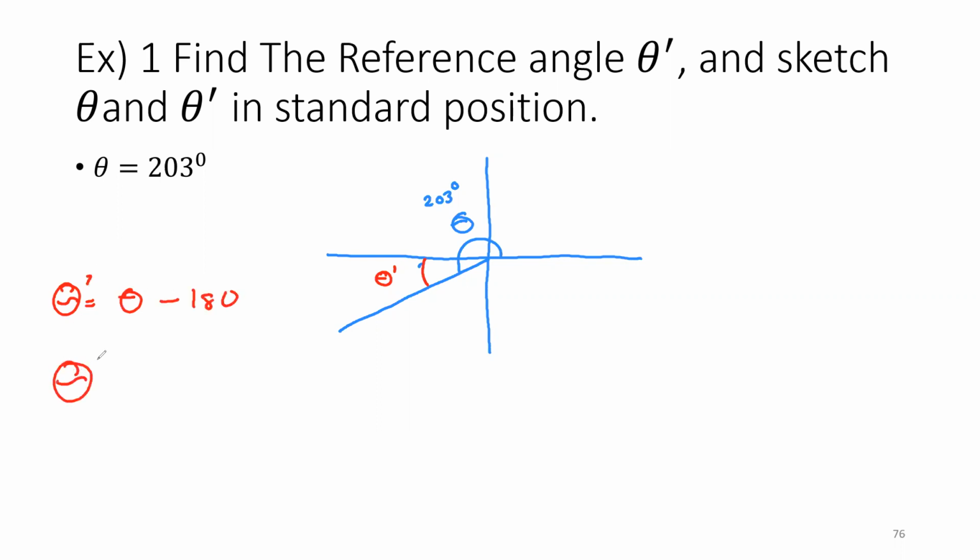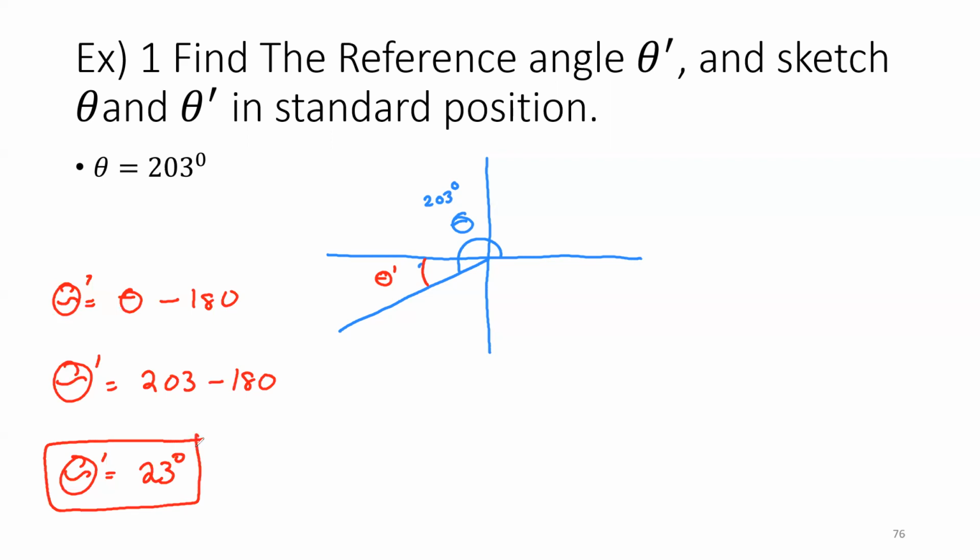So my reference angle or theta prime is theta, which is 203, minus 180, which is 23 degrees. Yeah, that's pretty much it. That is how you find the reference angle if you're in quadrant 3. Okay, let's move on.